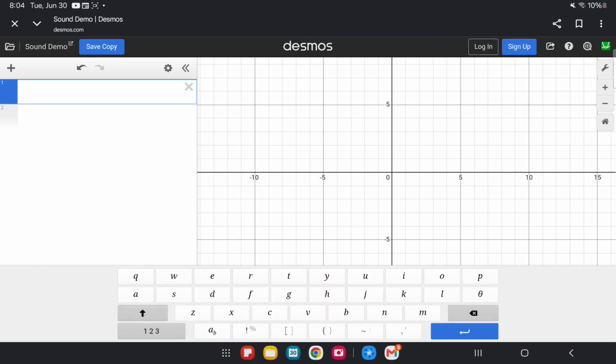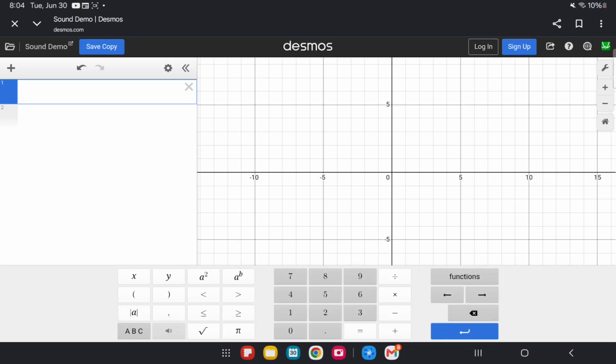Now let's use sine of x. Wait. Okay. Y is equal to 25 raised to the power of x. Now let's graph.